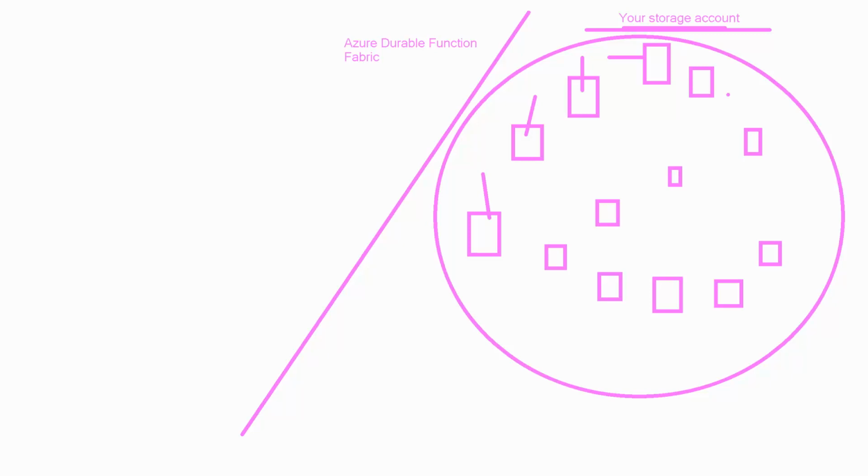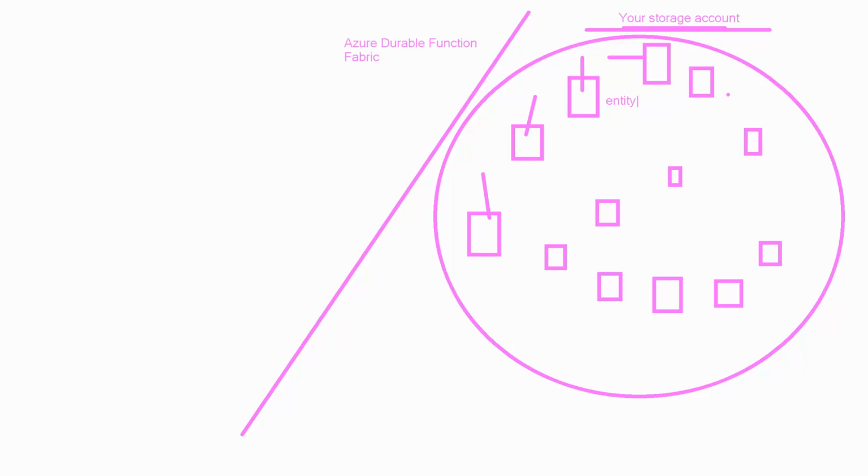And they will stay in your storage account as long as you keep them around. Okay, and it's automatically partitioned, and they're durable. So think of this entity function. I would just take away the word function and just call it entity.